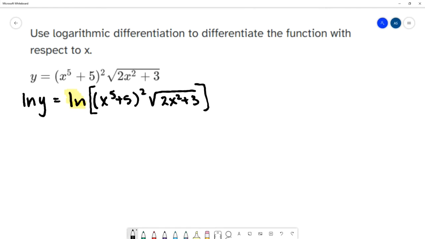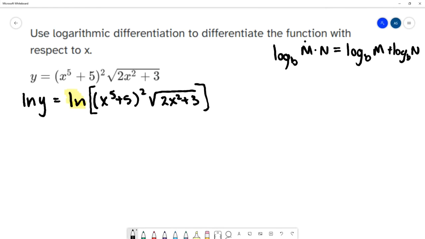So the properties that I'm going to be using are the product rule and the power rule for logarithms. So when we have log base b of a product, m times n, we can write that as the sum of two logs, log base b of m plus log base b of n.